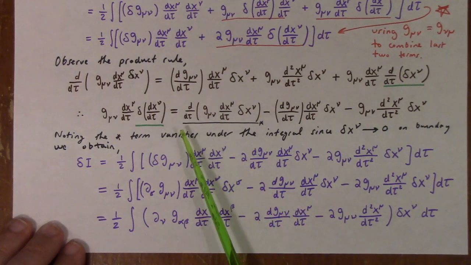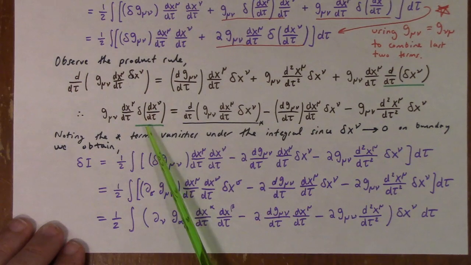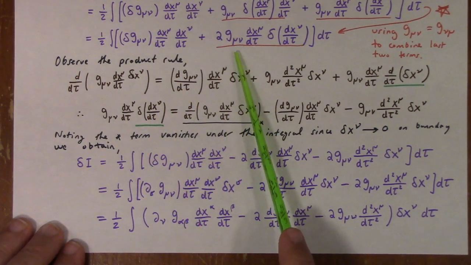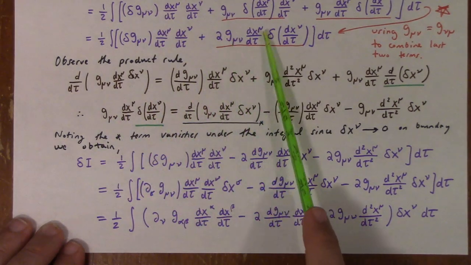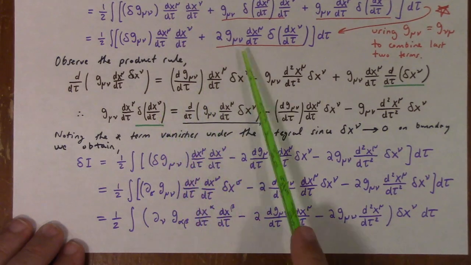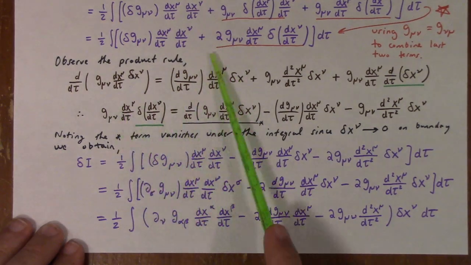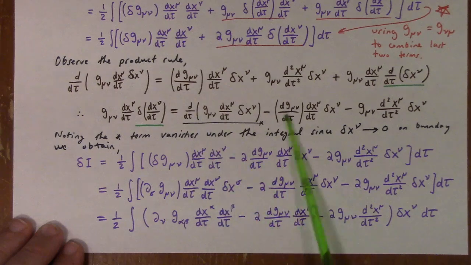Now, notice that we have the term right here, right? So like, well, without the 2, of course, but g mu nu, velocity, variation of the velocity, right? That's this term, which is this term, right? Well, modulo the 2. And then so I can trade this for all of that.